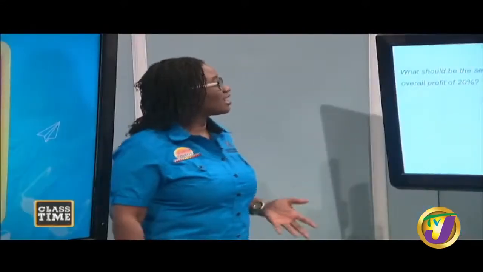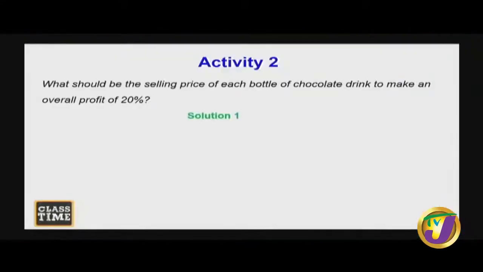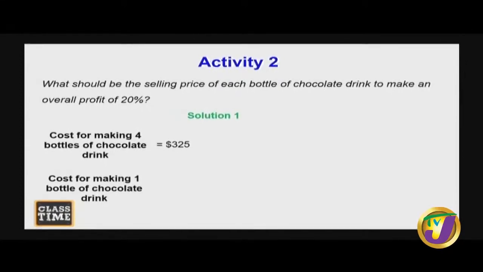All right, so let's talk about this. We're going to be taking 2 approaches to this particular question. So we know already from the previous calculation that the cost for making 4 bottles of chocolate drink is $325. They're asking about the selling price for each bottle, and that simply means for 1 bottle.